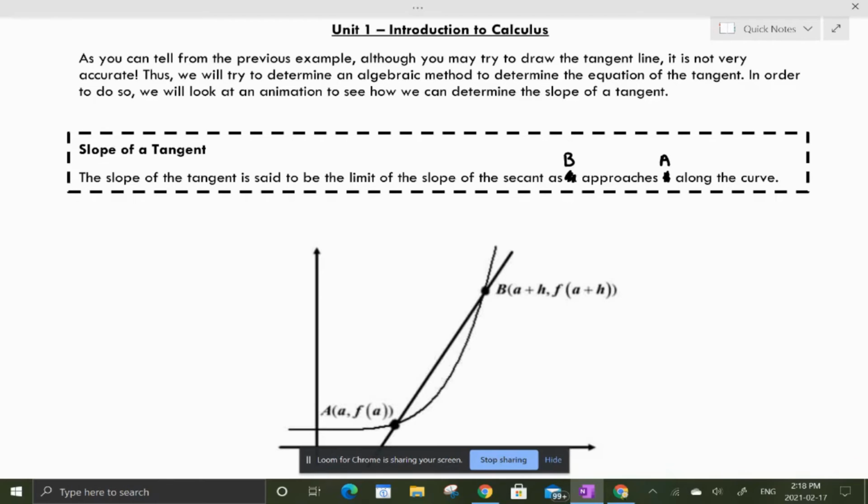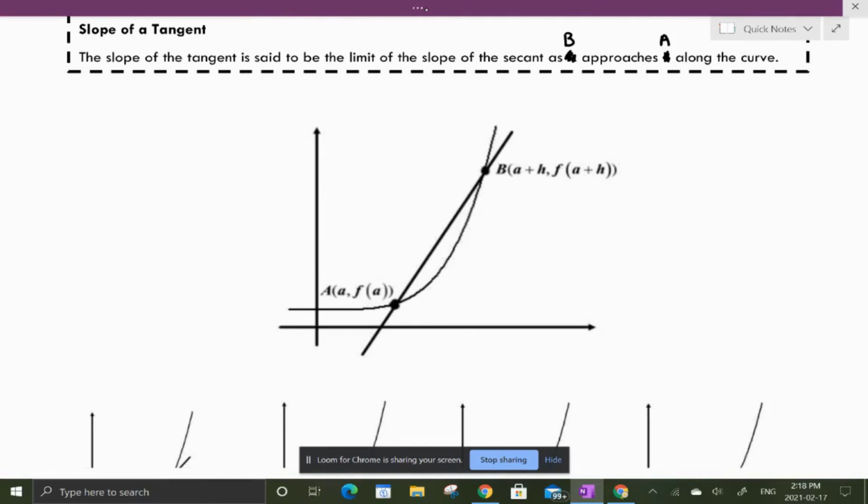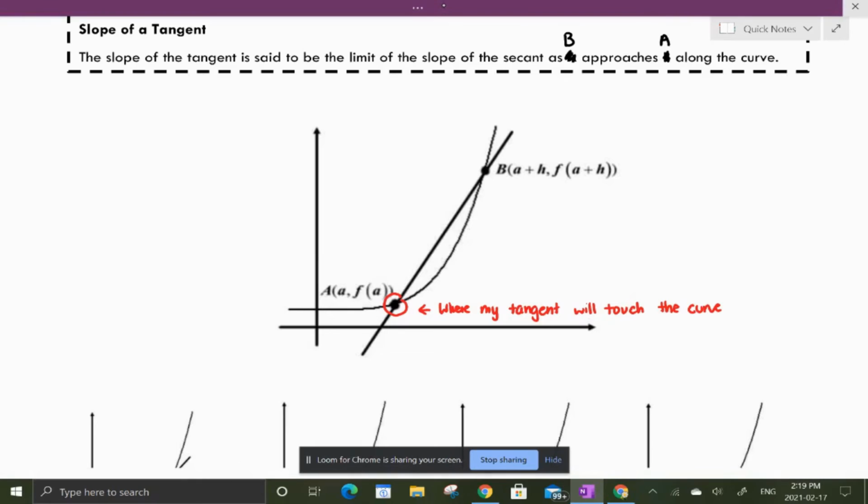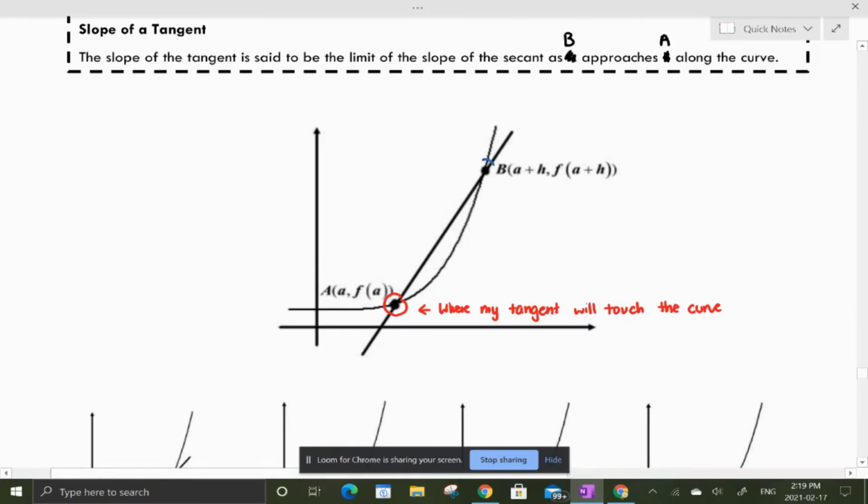So if you take a look here, this is what we're envisioning. Remember, point A is where I'd like my tangent to be, where my tangent will touch the curve. And then we are working with some point B here that's going to help us estimate the slope of our tangent, right? Because we need 2 points to create slope. So what happens when that point B starts getting closer and closer and closer to A? We get a better and better estimate of the slope of our tangent.